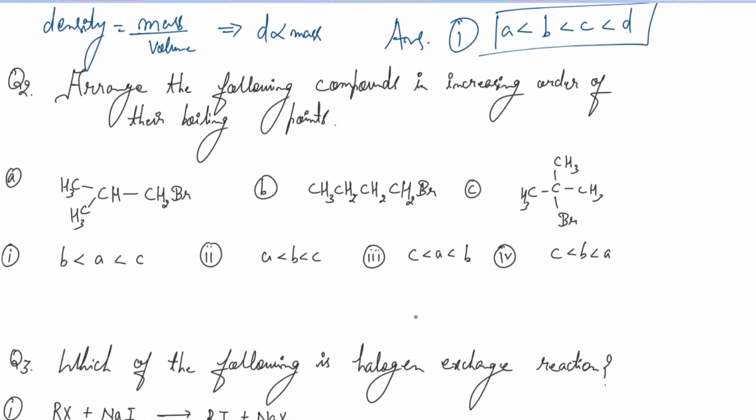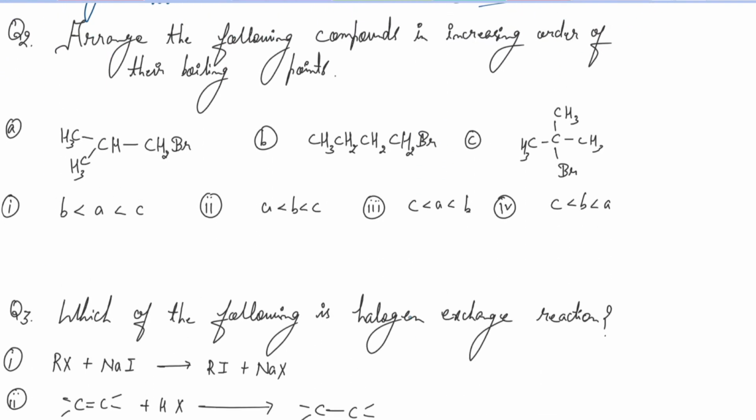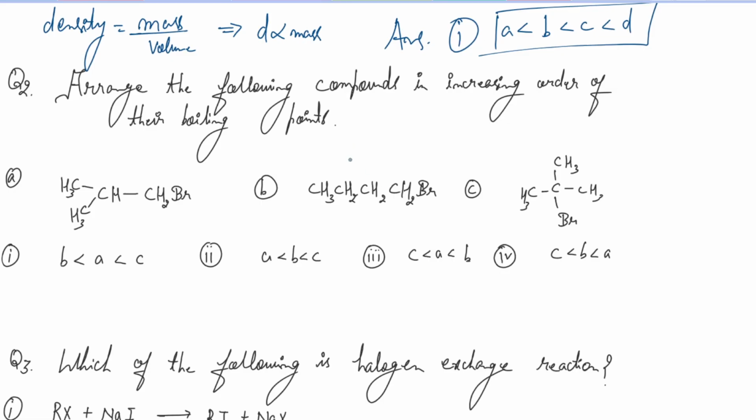Now let's move to the next question, question number 2. Arrange the following compounds in increasing order of their boiling points. So we need to compare the boiling points. What do we understand by the boiling point?